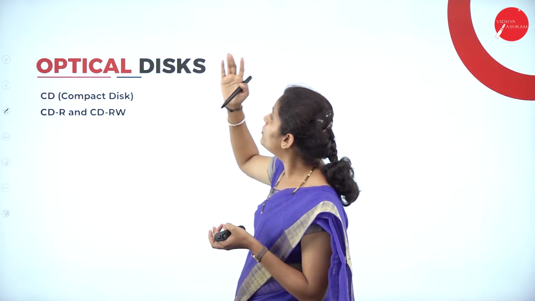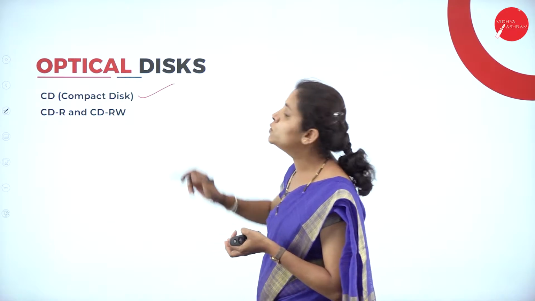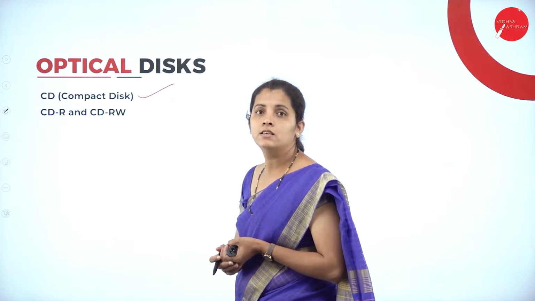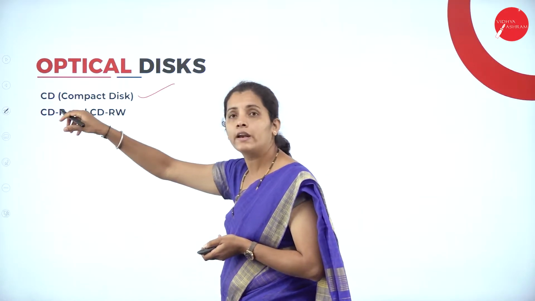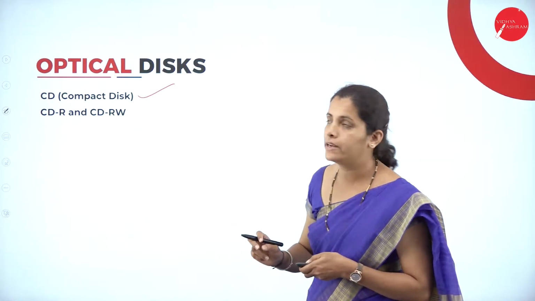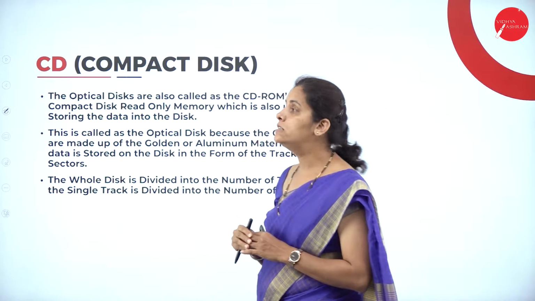Here optical disks are categorized into two types, that is CD disk, that is compact disk, and compact disk read and compact disk read and write. So, let's see what is compact disk.